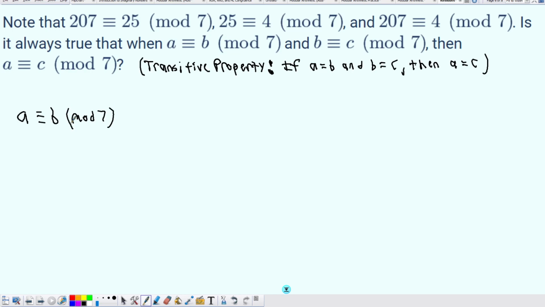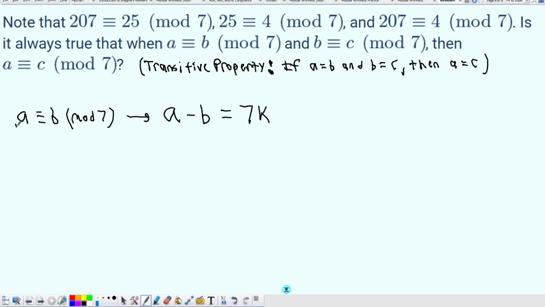Now, hopefully we've done enough work with the division algorithm to see how this translates into that division algorithm, or just go by the definition of the congruence that we originally worked with, that the difference between A and B is equal to a multiple of 7. So 7 times some value k.